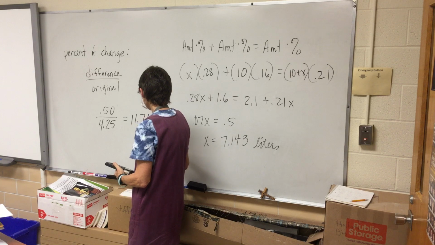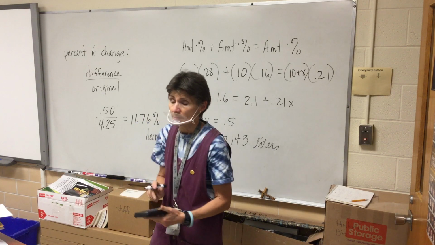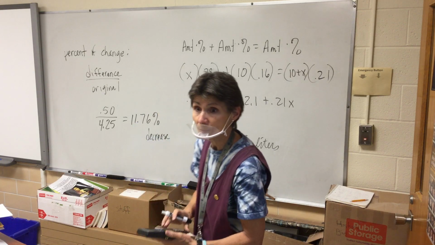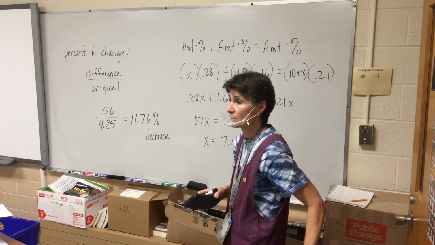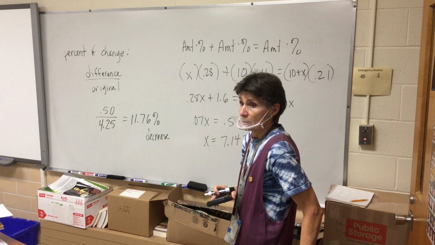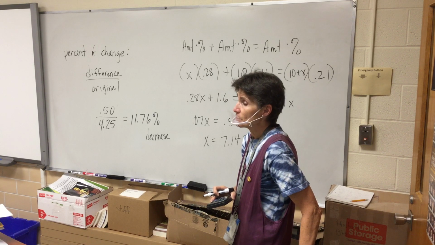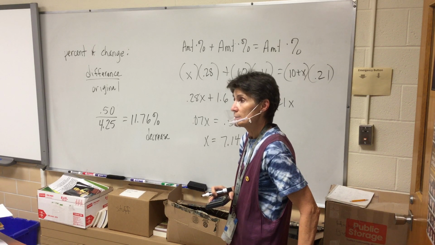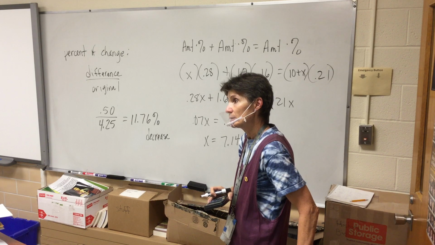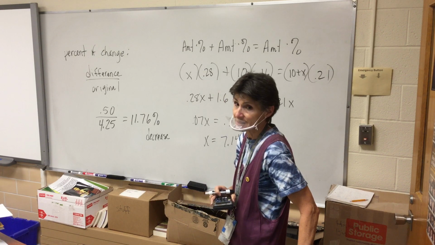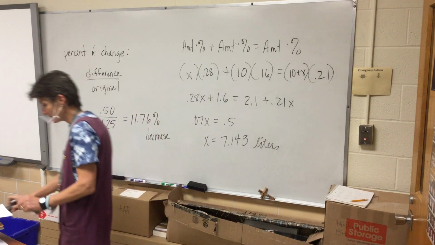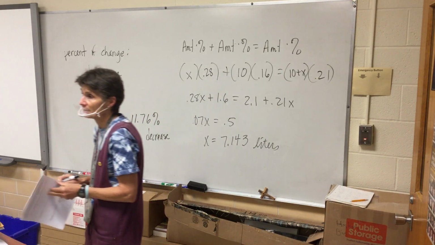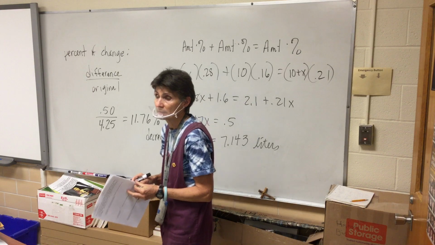And then I have to add the word decrease because my prices actually went down. Okay, how do you find percent of change? Difference divided by original. That's it. It's that easy. If they went up, it's an increase. If they went down, it's a decrease, but you find it exactly the same way.